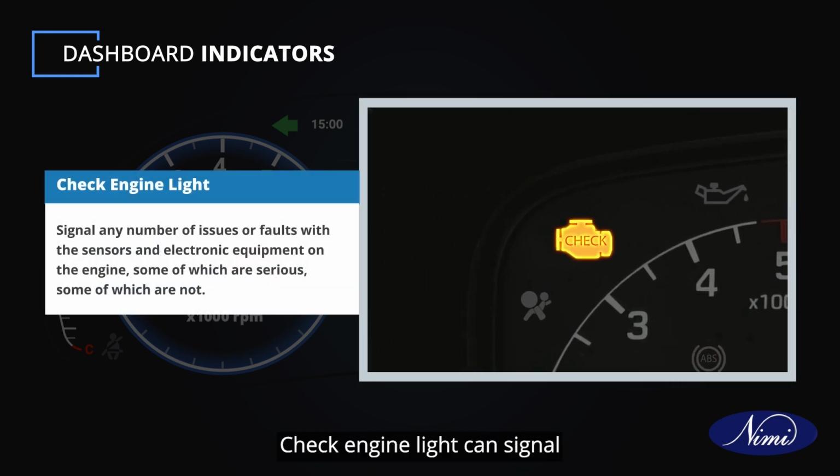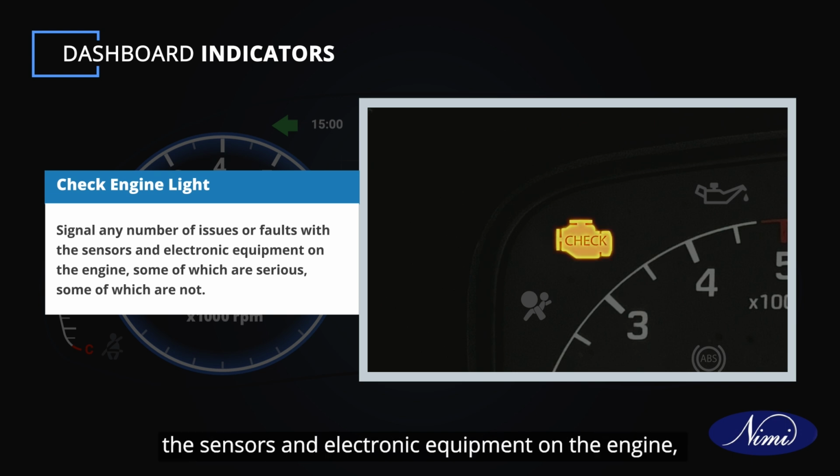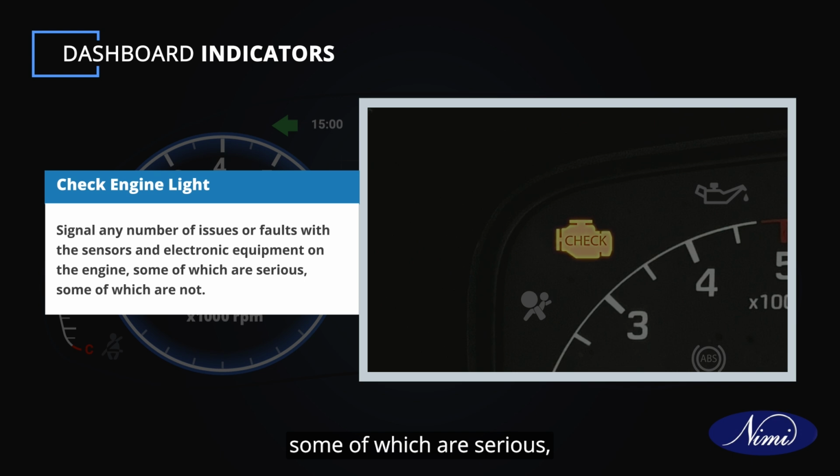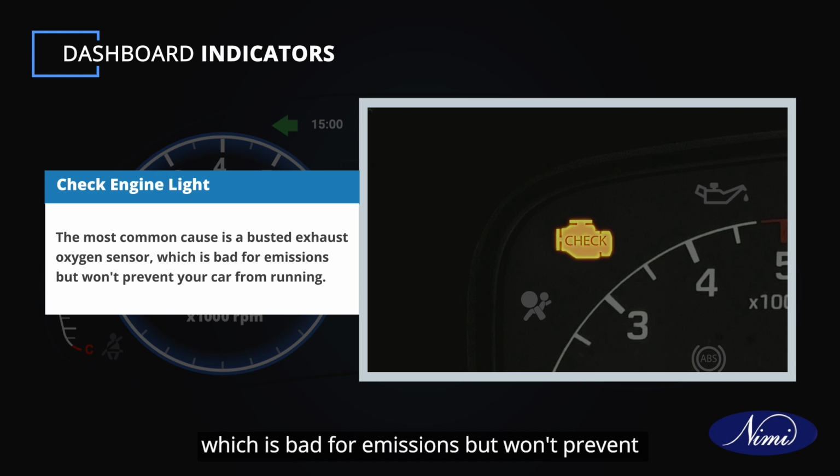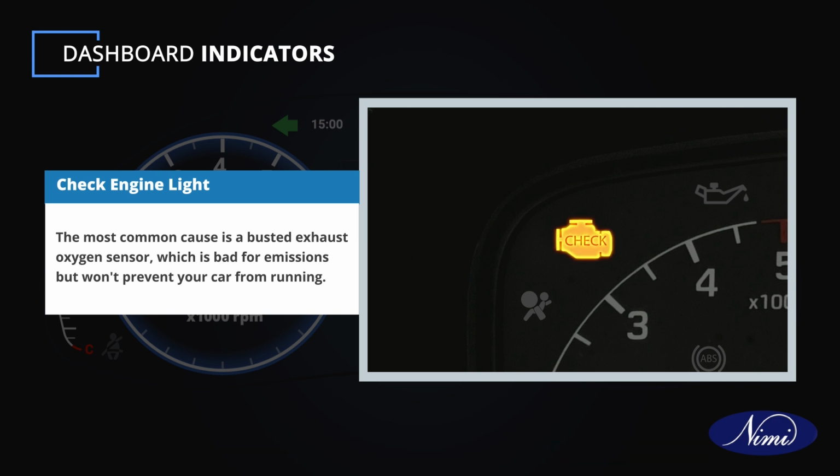Check engine light can signal any number of issues or faults with the sensors and electronic equipment on the engine, some of which are serious, some of which are not. The most common cause is a busted exhaust oxygen sensor, which is bad for emissions but won't prevent your car from running.